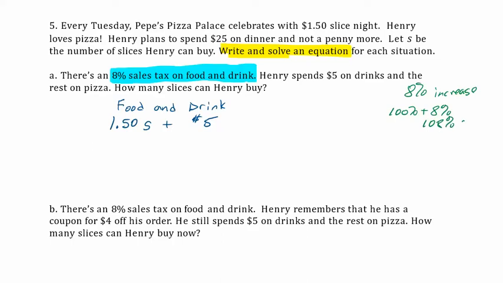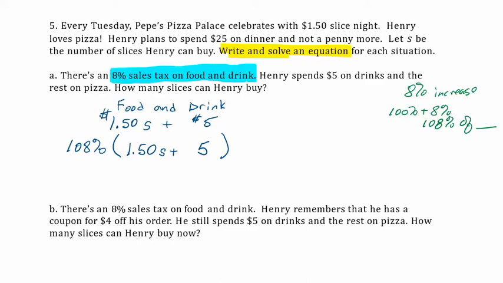So we're really going to take 108% of whatever value we are increasing. And what is that? That is the food and drink. So we need to take 108% of this food and drink. 108% of all of this. The food, that's 1.50 S, and the drink, which is 5.